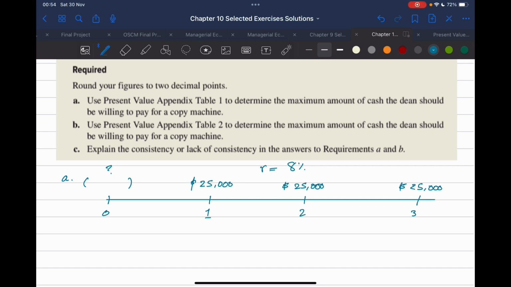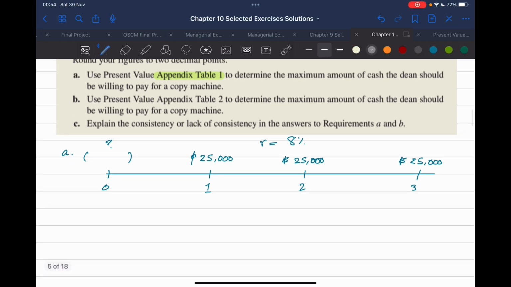However, N is going to be variable. Remember, here in the first requirement, they're asking you specifically to use table 1. So even though this is an annuity, for part A we cannot be using the present value interest factors of annuity, which is in table 2. We're going to have to discount each of these one by one.